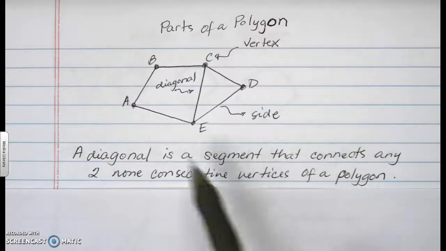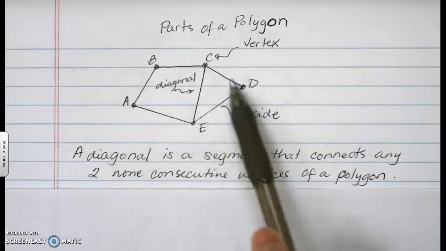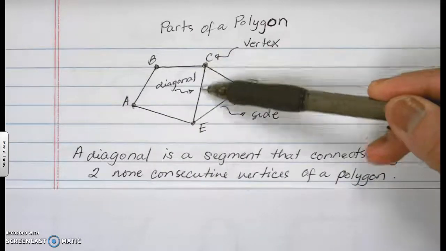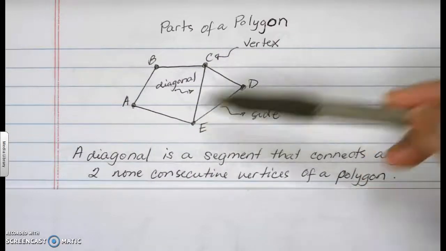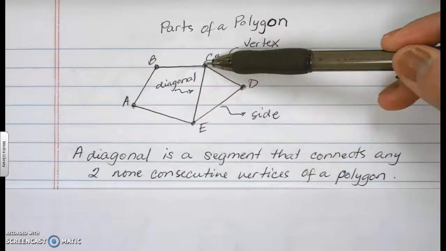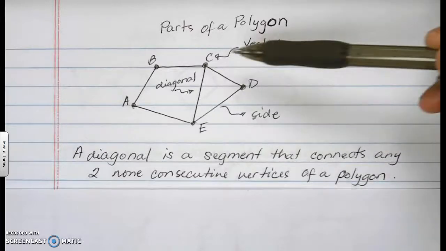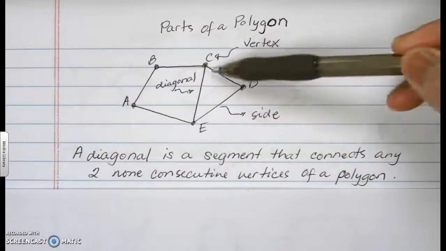So this is intended to be a five-sided polygon, which is a hexagon, and this is intended to be showing the diagonal. So the connections of the segments or the sides are called vertices or vertex.